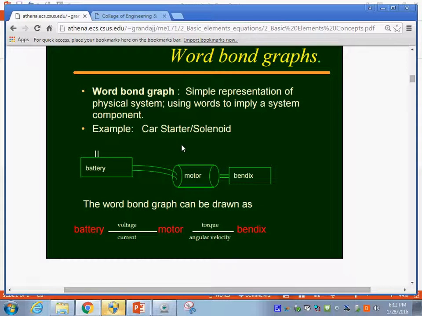You started this morning with a battery giving a voltage to the starting motor, and the starting motor rotating this so-called Bendix in there, which is a little gear that starts your car.